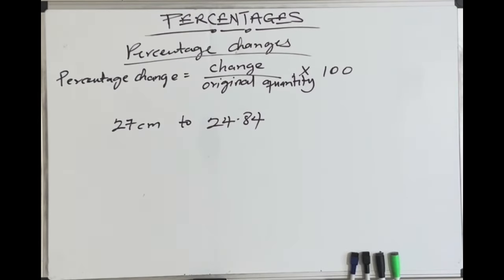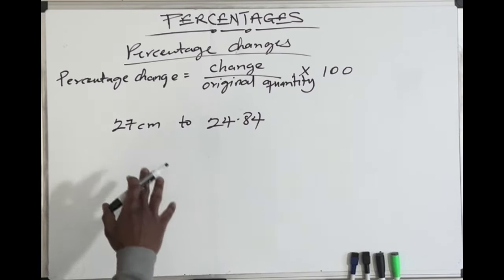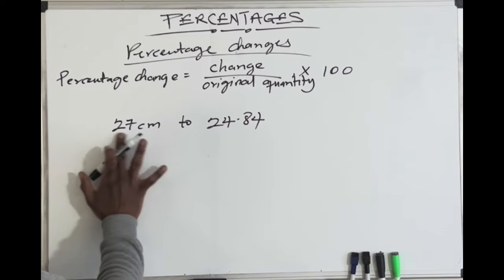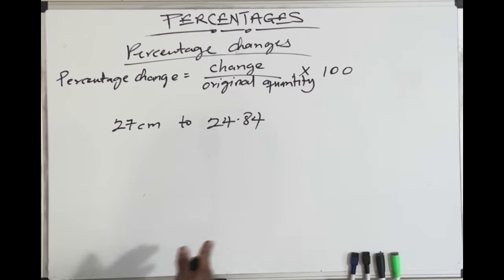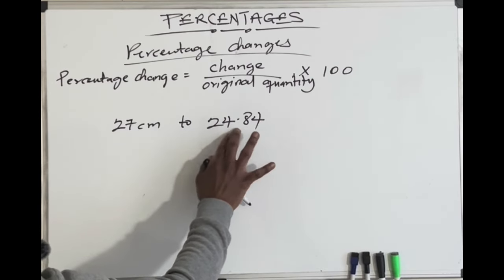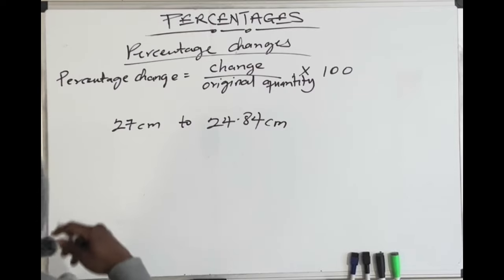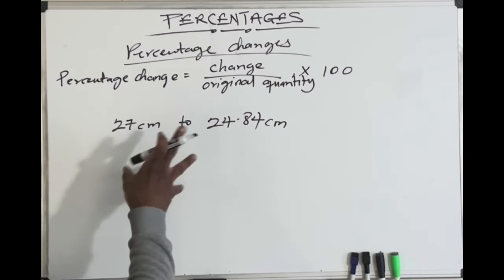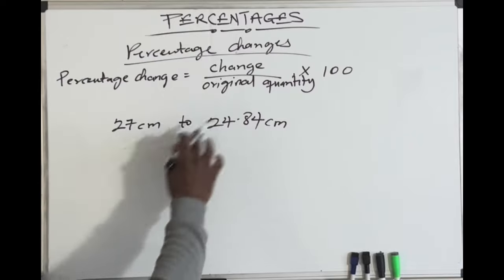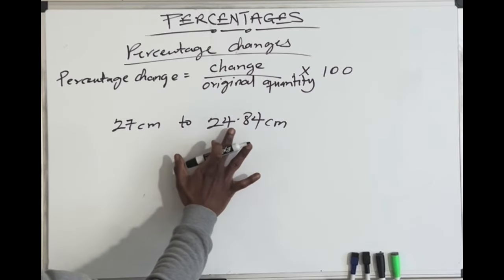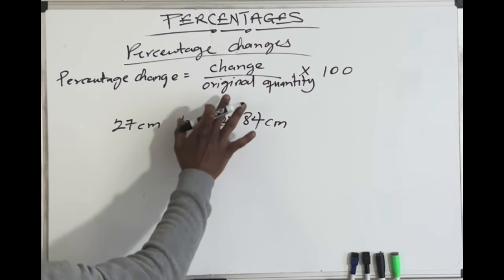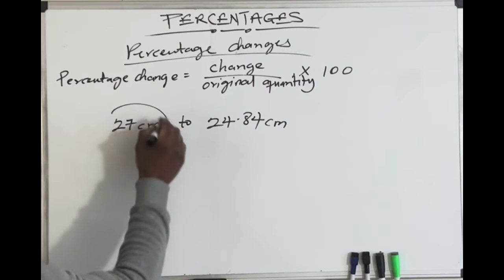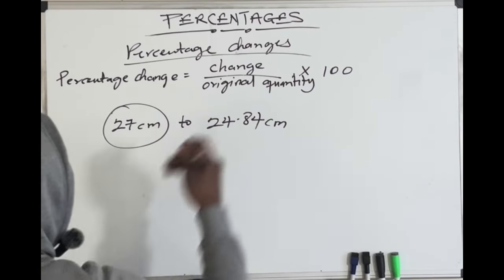What we are saying is we have a skirt, the length is 27 centimeters, and then some alterations were done. We cut this part and then we had 24.84 centimeters. And then you are told to work out the percentage change. The change means you subtract this from this. What you get will be the change over the original quantity. What was the original quantity? 27. And you multiply all of them by 100.